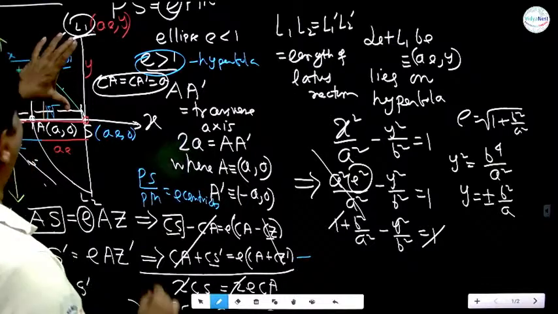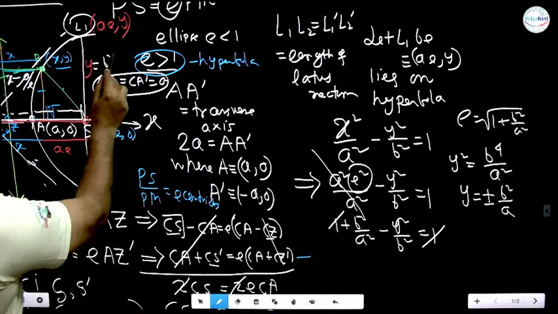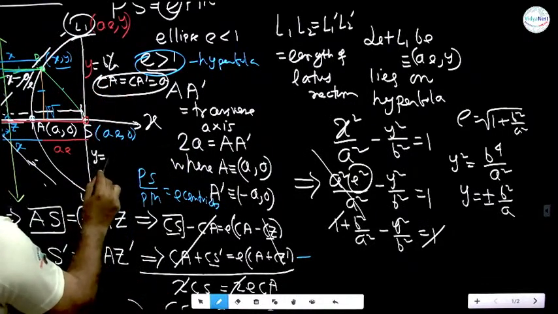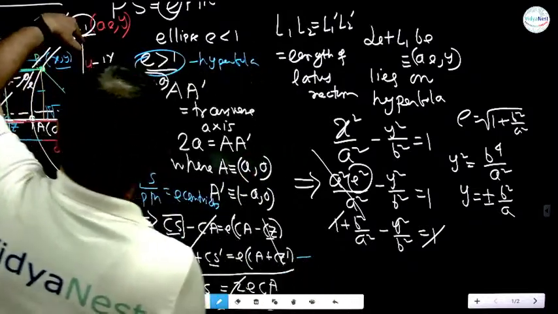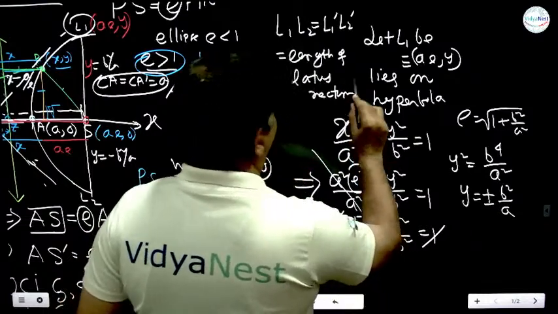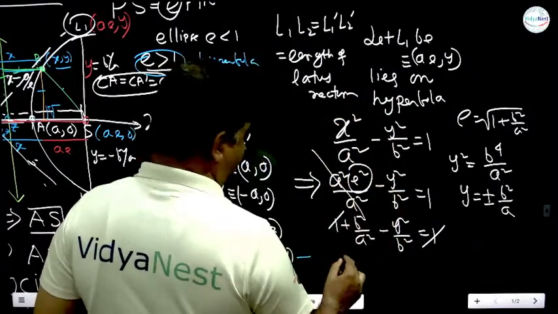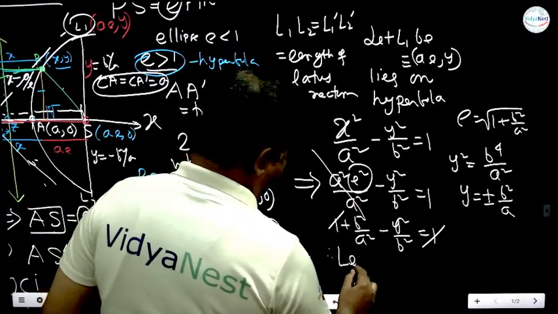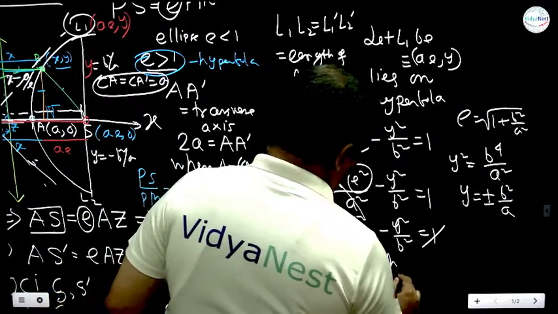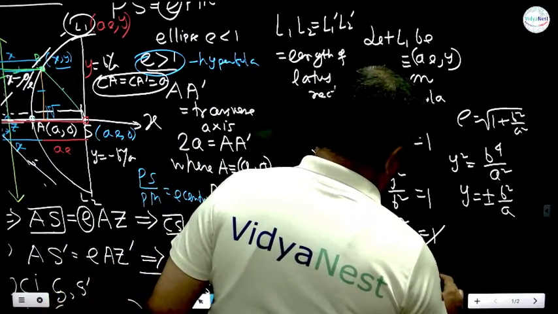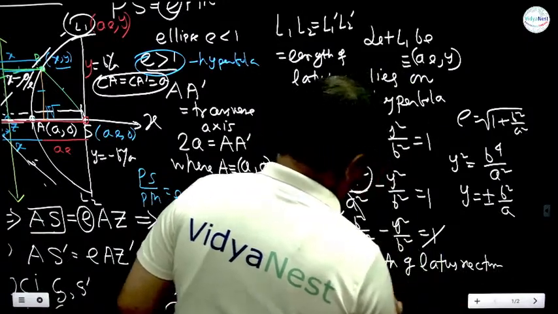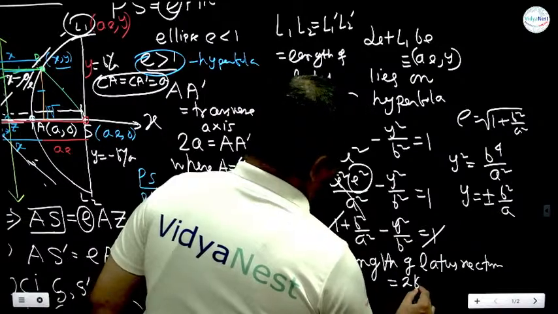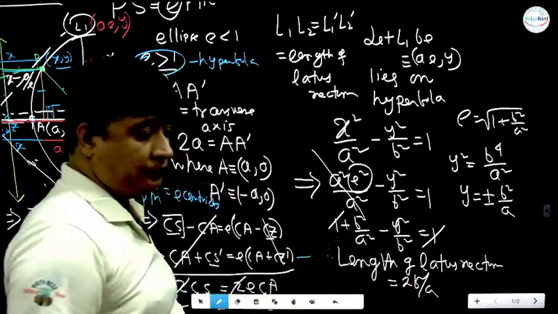This is b square by a, and this is minus b square by a. So total length is 2b square by a. Therefore, the length of the latus rectum is 2b square by a.